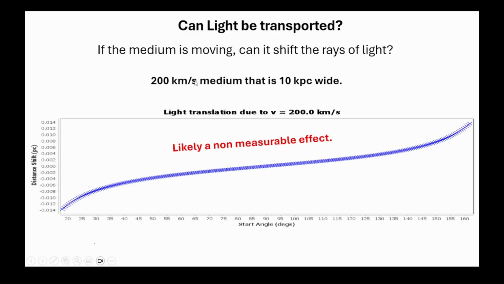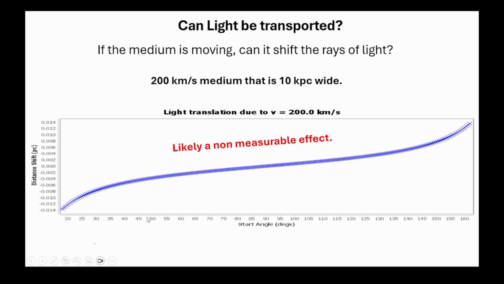And so it just seems like that's at least on the order of something reasonable. But if we have a large medium moving, and that's pretty wide, we can expect there'd be some sort of transportation of the light when it goes from one end to the other.